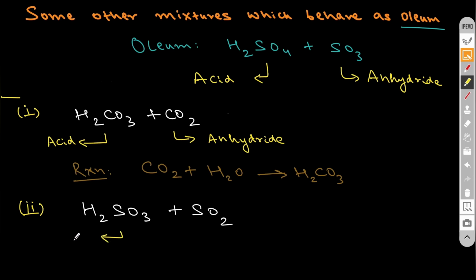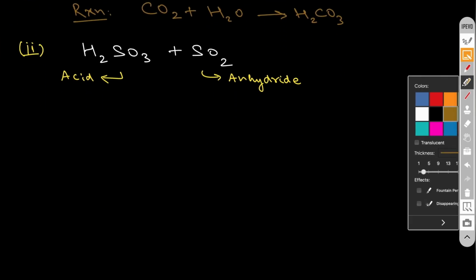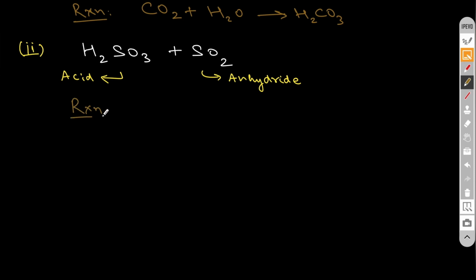Here H2SO3 is the acid and SO2 is the anhydride. We add water to SO2 and it will form the acid, H2SO3. So SO2 plus H2O will give H2SO3. Anhydride plus water is equal to the acid.